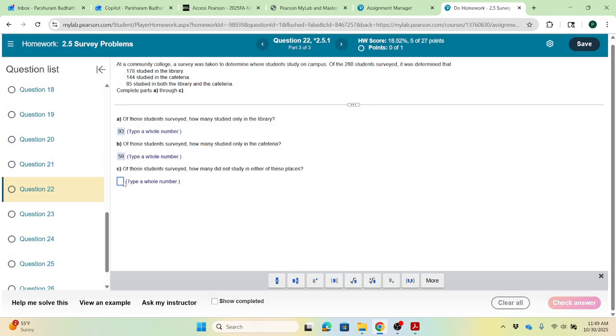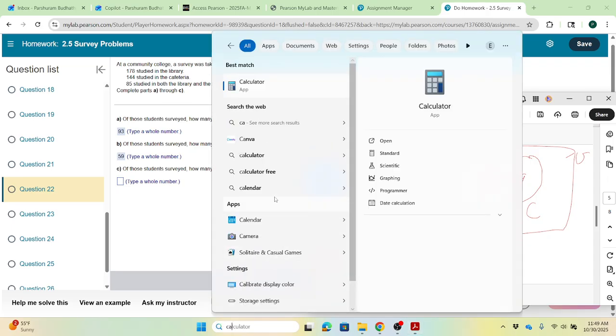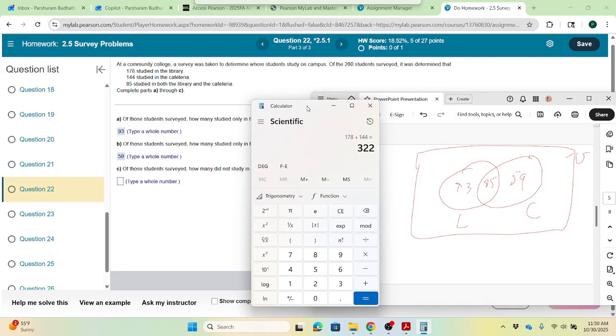And of those studied, how many did not study in either of these places? Remember, the total student, they are 260, but if you add these two number, which is 178 plus 144, which is 322. How come? Oh, there is intersection 85, so 85 is gone. I counted that twice.